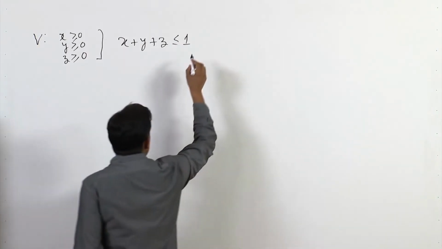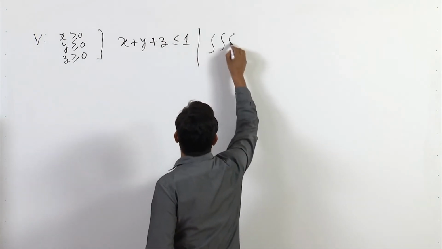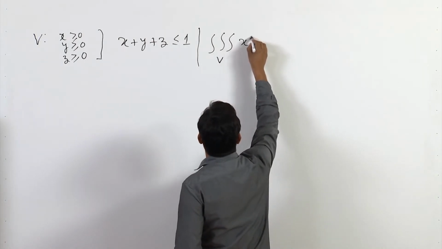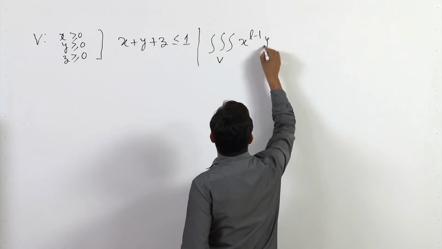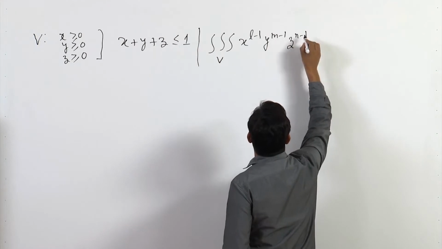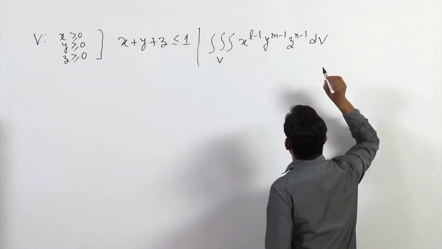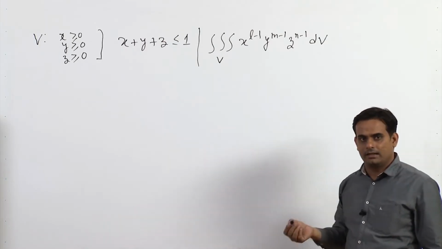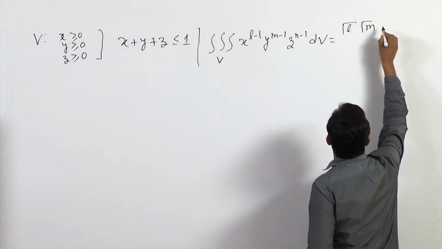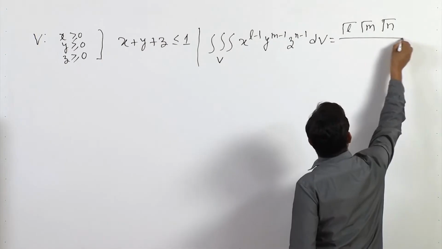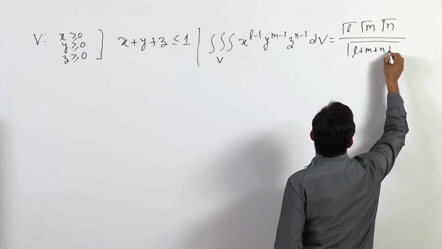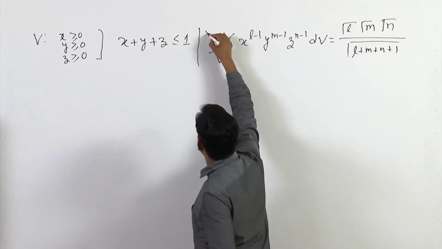Then we have the triple integral over this region V of x^(l-1) y^(m-1) z^(n-1) dV, where dV stands for dx dy dz, equal to gamma l, gamma m, gamma n upon gamma of (l plus m plus n plus 1). We need to prove this result.